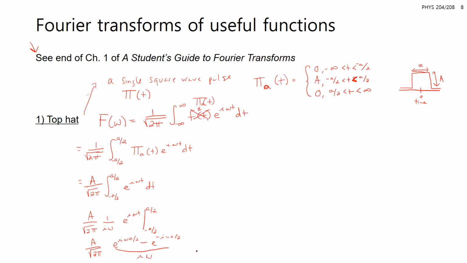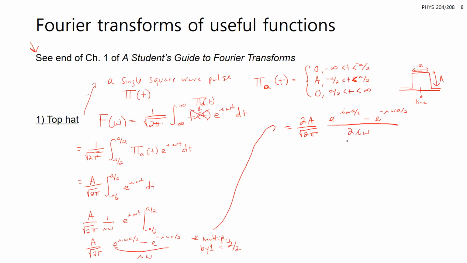So to simplify this down, we're first going to do a trick of multiplying this by 1, where 1 is equivalent to 2 divided by 2. That is the first thing we're going to do, and I'm going to bring this up here. So that's going to be 2A over the square root of 2 pi times e to the i omega a over 2 minus e to the negative i omega a over 2, all divided by 2i omega.